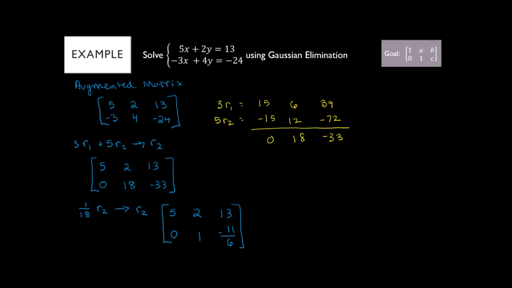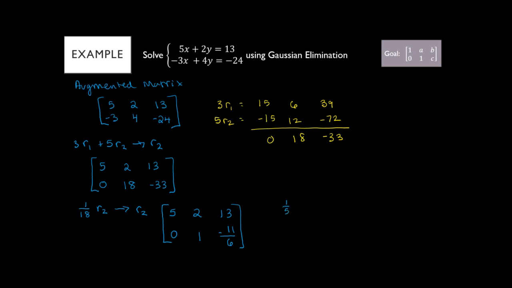So now my second row is in the form that I want. And so now I need to get the first row, instead of a 5, I need that to be a 1. Now normally I work this vertically, but I'm sort of running out of room here, so I'm just going to go to the side. And to get rid of that 5, I basically need to multiply by 1/5.